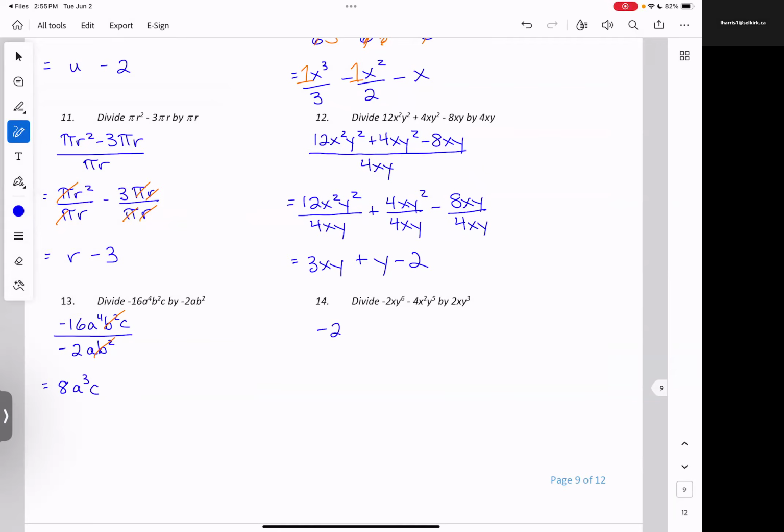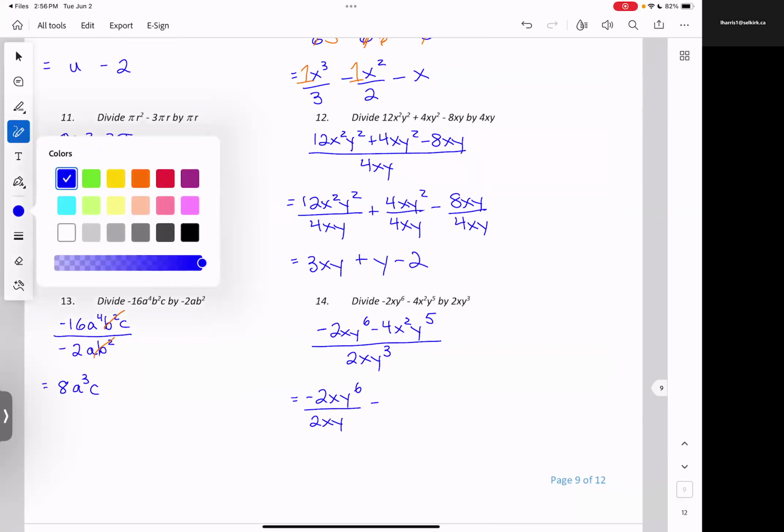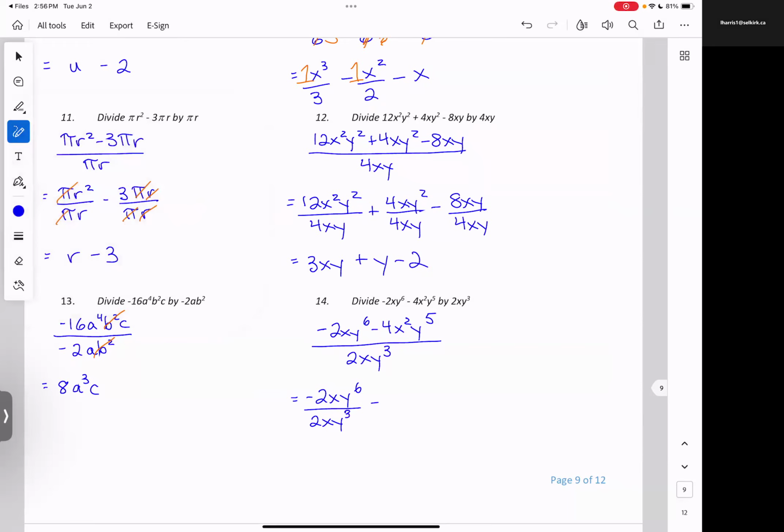Okay, last one. So we've got this binomial, so polynomial with two terms here. That's being divided by 2xy to the power of 3. So step 1, let's split up our denominator. I'm just going to rewrite that 3 to make sure it looks like a power.